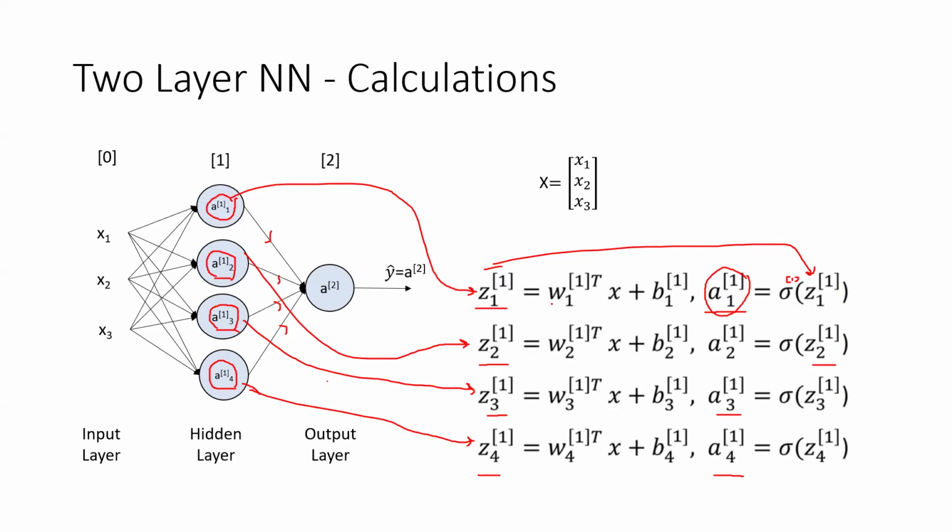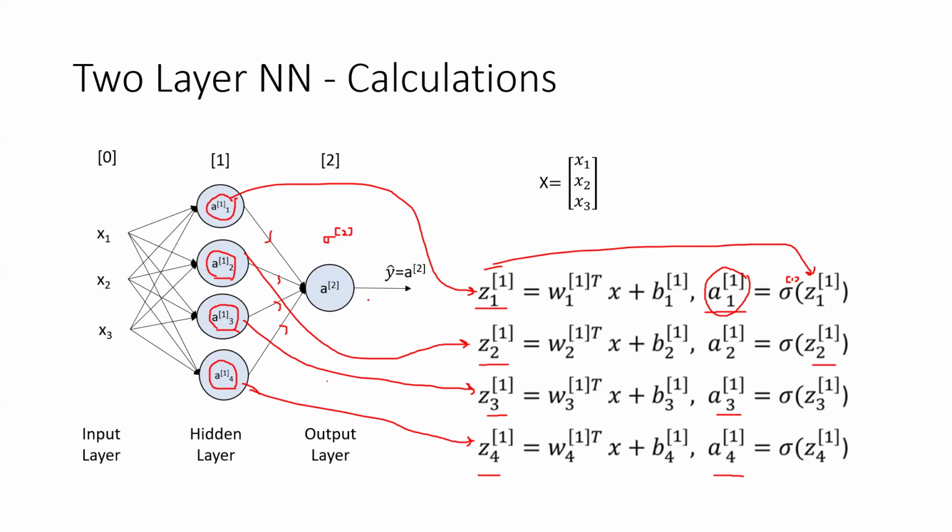So for the second layer, this W vector would be different because it will have different values for this neuron. And for the activation, it would be the same, but because there's only a single neuron, it can actually be represented by sigma 2, if you want to represent it as the activation function for the second layer.